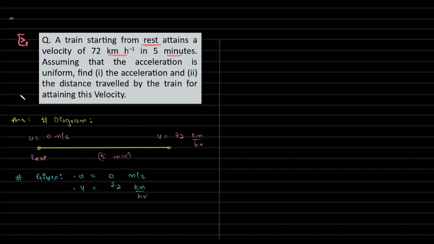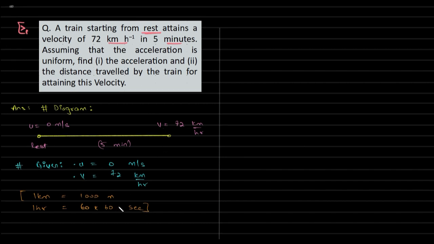So to do that, we need to talk about 1 kilometer being equated to 1000 meters and 1 hour being equated to 60 into 60 seconds. So on substituting over here, v will be equal to 72 into 1000 by 60 into 60 meter per second.